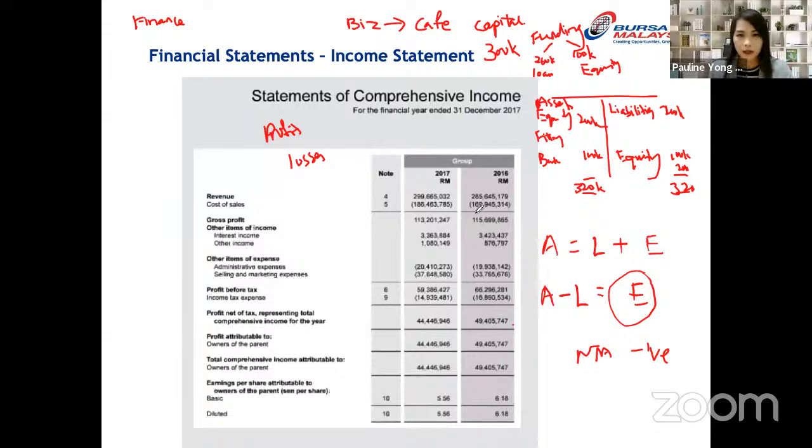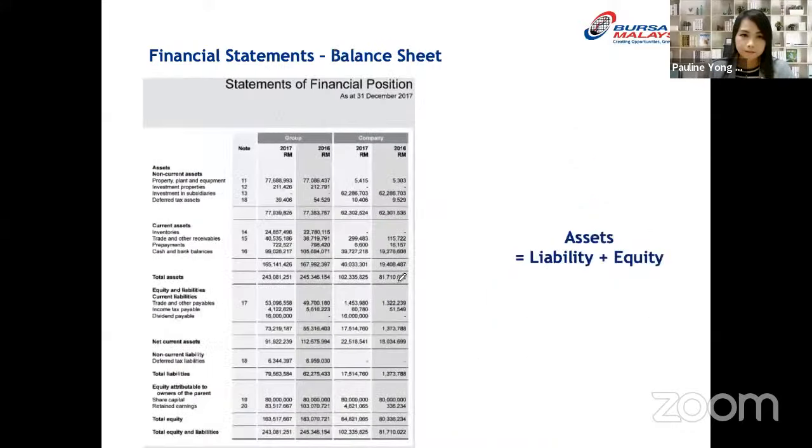The three statements are the income statement, whereby you look at the profitability of the company, how profitable the company is. Then the next one is the balance sheet, which is the statement of financial position.